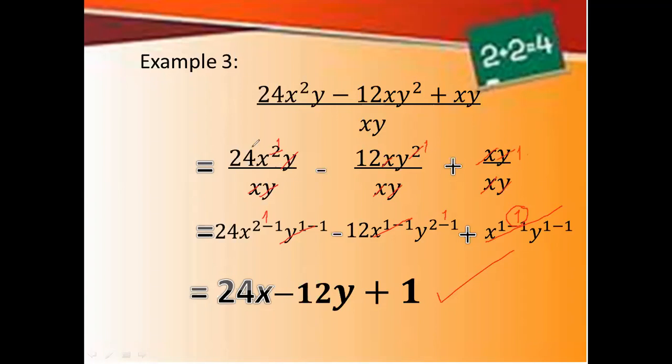So that is why you get 24x to the power of 1, and you have also 12, x and x is cancelled, y to the power of 1, and you have 1 divided by 1 is equivalent to 1. So that is why you get the same answer, 24x minus 12y plus 1.